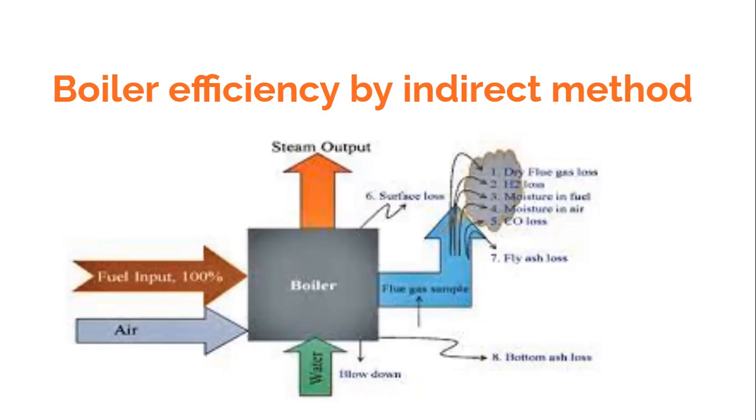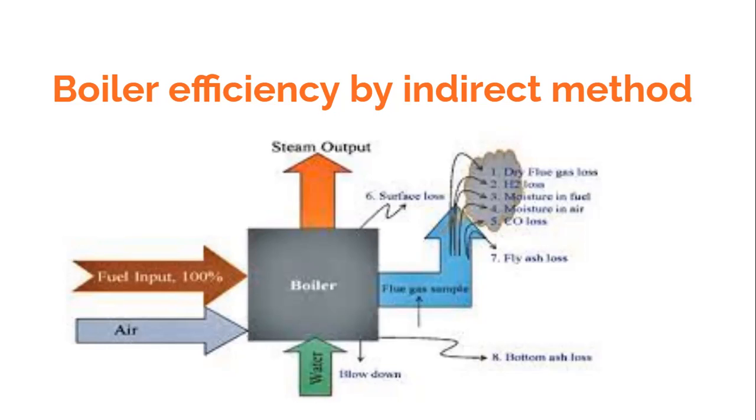The second disadvantage we talked about was regarding the margin of error. If you make an error in the fuel consumption measurement or in the steam flow rate measurement or even in the pressure and temperature, that error is going to magnify a lot, and that would show in the final efficiency calculations.